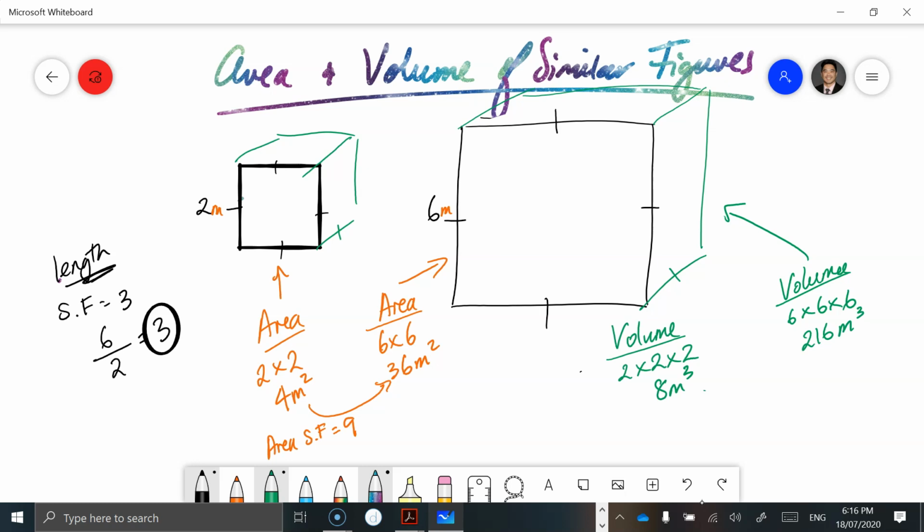The volume scale factor is actually 27 times.